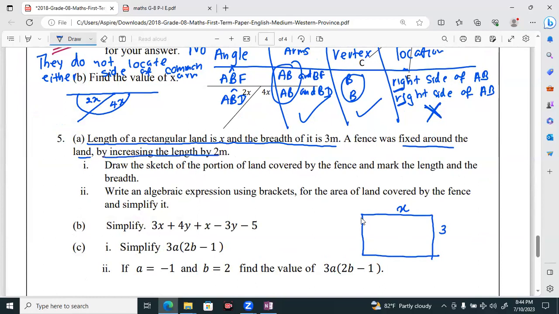Length එක දෙකකින් වැඩි කරලා පැටක් ඉදි කරලා තියෙනවා. Draw the sketch of the portion of land covered by the fence and mark the length and the breadth.